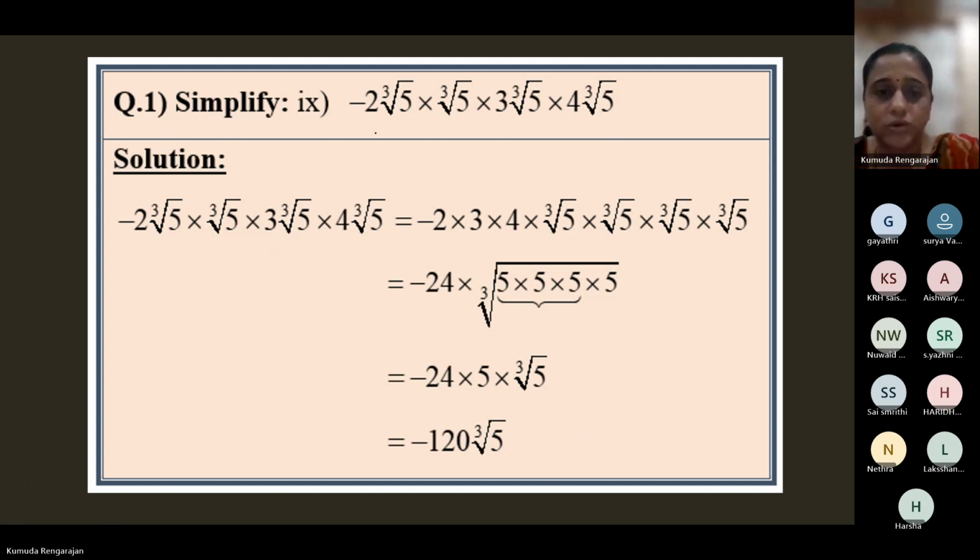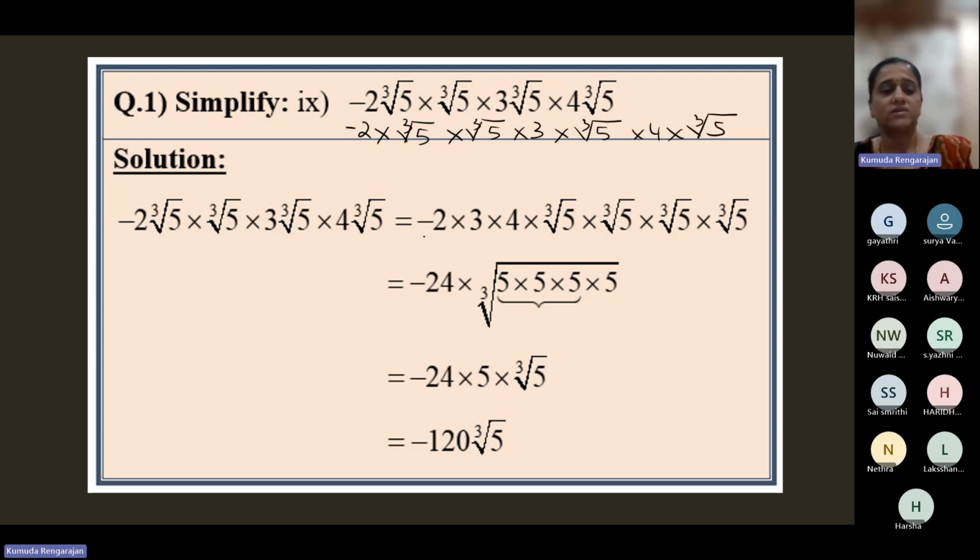So how do we understand this question actually? So this is minus 2 into cube root of 5 into cube root of 5 into 3 into cube root of 5 into 4 into cube root of 5. See, if you have AB into CD into EF, what's the meaning?